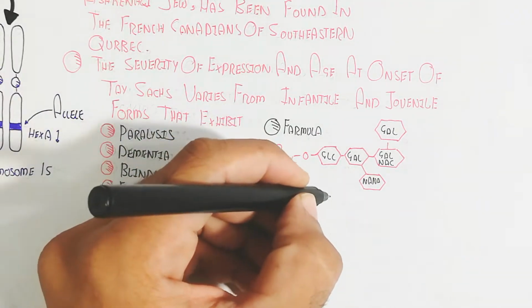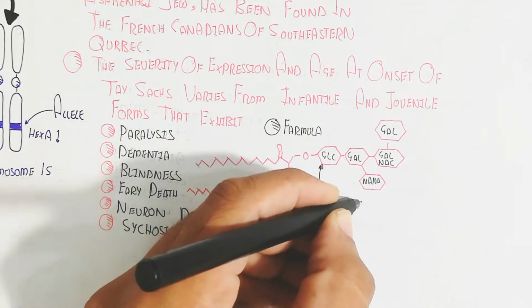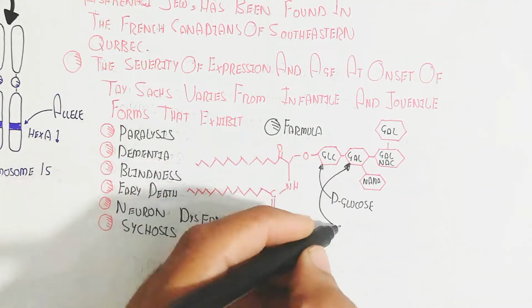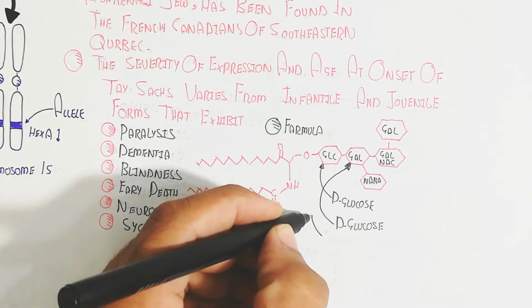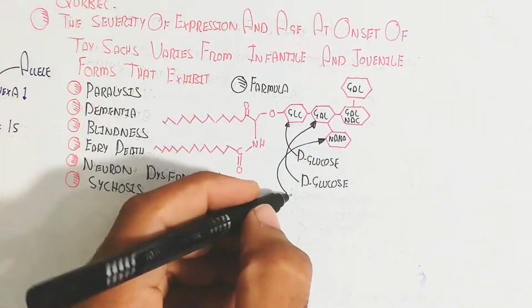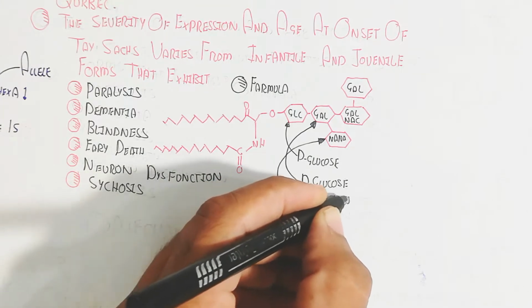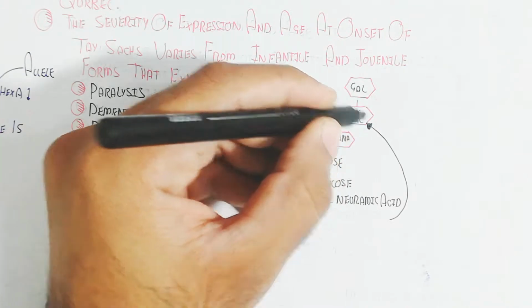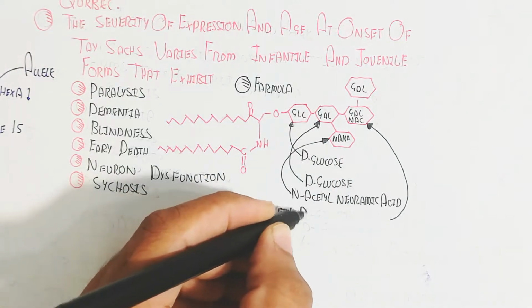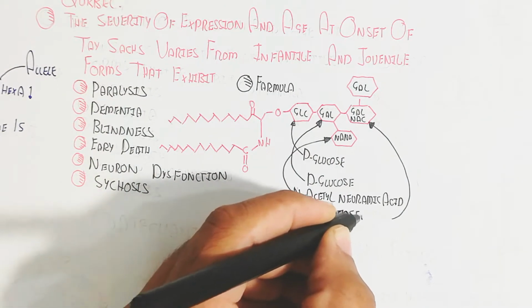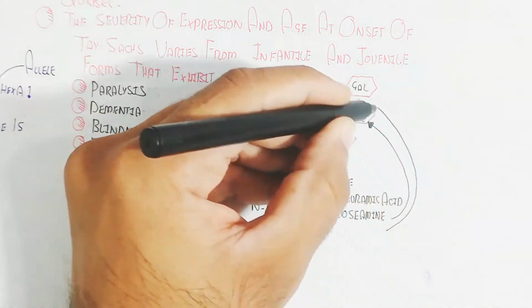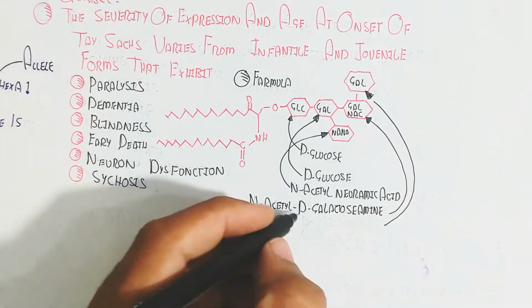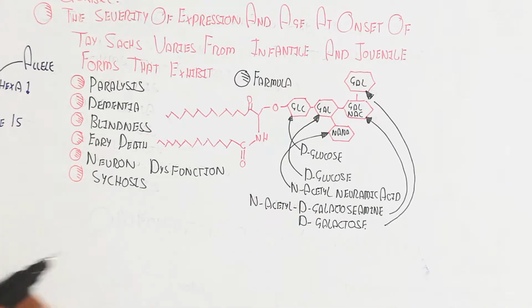Its formula contains D-glucose, D-galactose, N-acetylneuraminic acid, N-acetyl-D-galactosamine and D-galactose. This is a combination of glucose attached with fatty acid, two fatty acid chains.